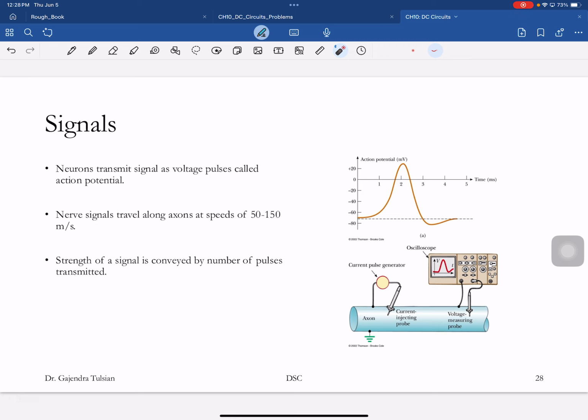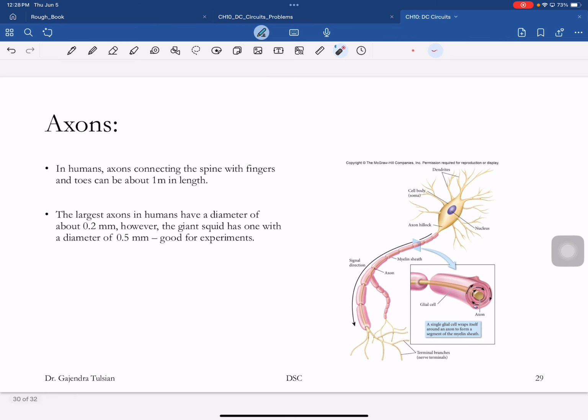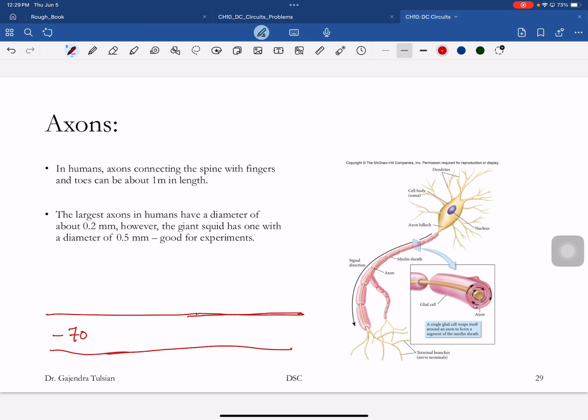Here's how a nerve impulse looks. So here's a neuron. There's the inside of the cell. What is the potential inside the cell? Minus 70 millivolts.